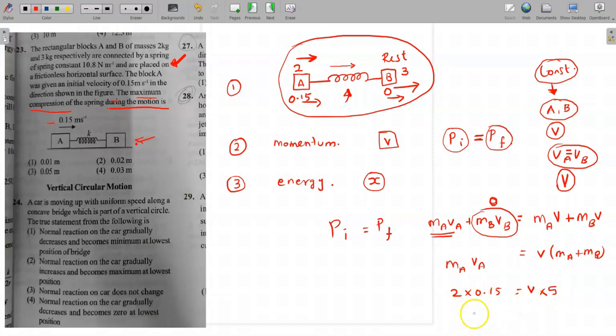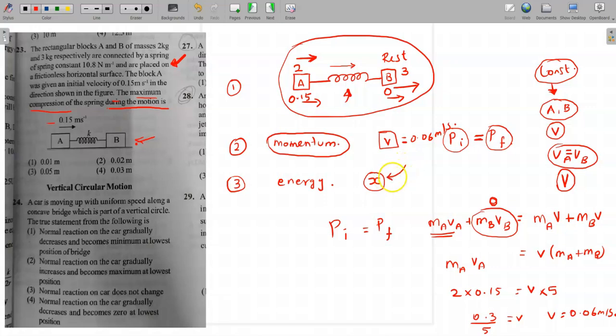If you multiply, you get 0.3, and the 5 goes to the denominator, so V is equal to 0.06 meter per second. So from the principle of the law of conservation of momentum, we found the velocity value, 0.06 meter per second. Now what is our target?